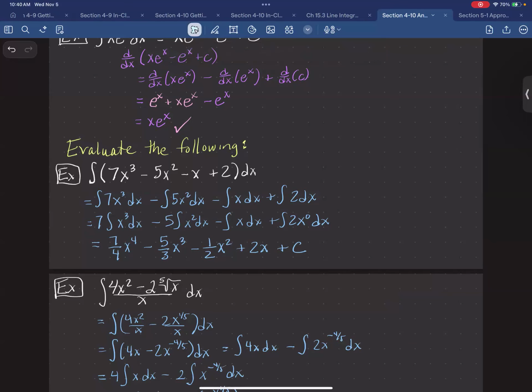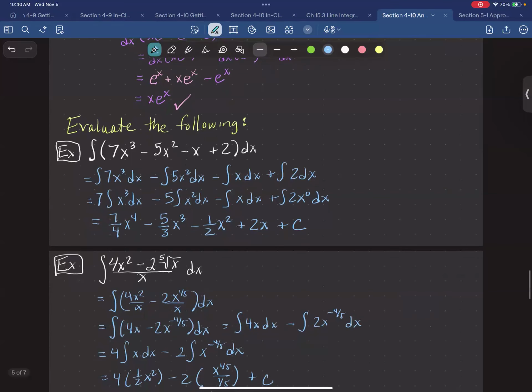So we're going to apply that to both of them. So the x goes up to x squared. We divide by the 2. The x to the negative 4/5, what I'm doing is to go up a power, I'm adding 1. Negative 4/5 plus 1, though, is 1/5. And then I'm going to divide by 1/5. So that's what I showed.